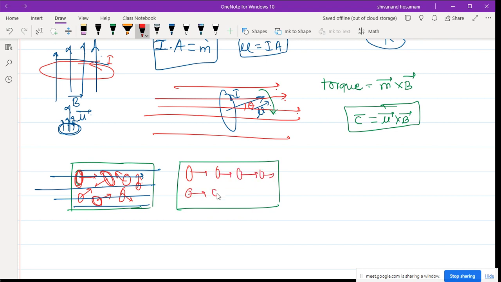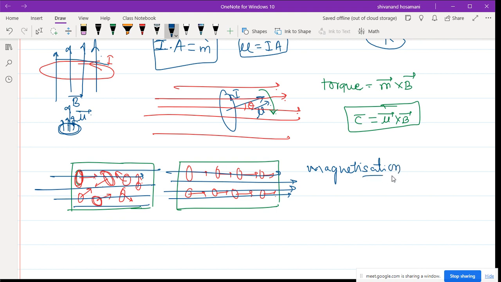This rotation of the magnetic moments in the direction of the applied field is generally called torque, or this is called magnetization. We call this magnetization. Due to the rotation of these magnetic moments, you can experience that rotation. That rotation is due to the torque acting on that particle, obtained by taking the cross product of magnetic moment and magnetic field.